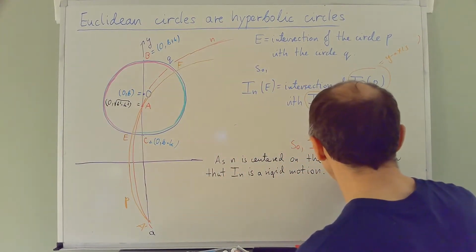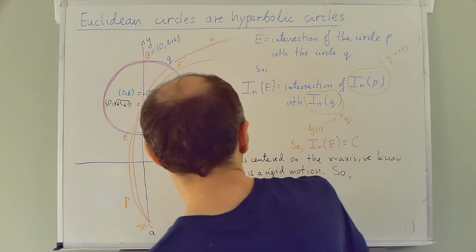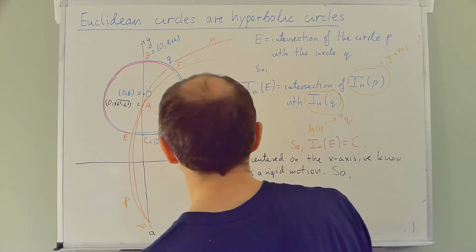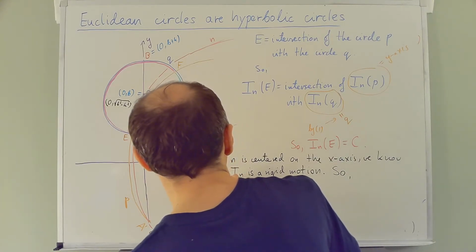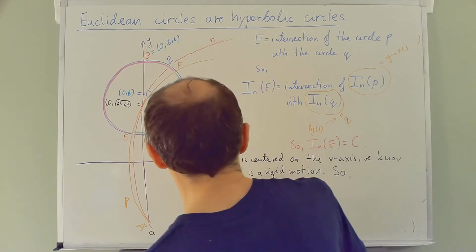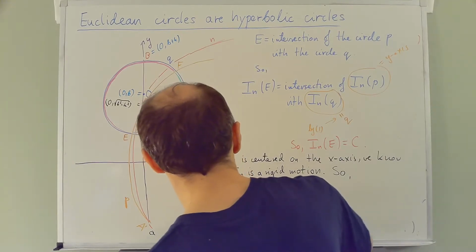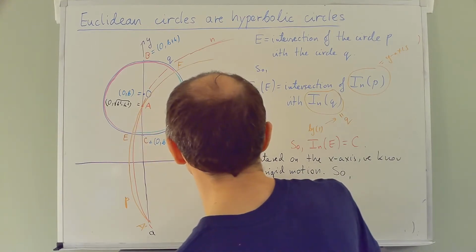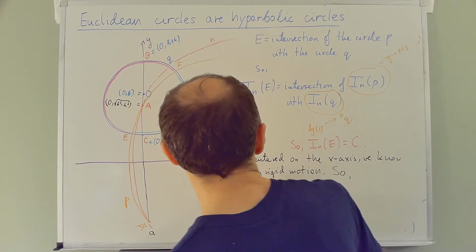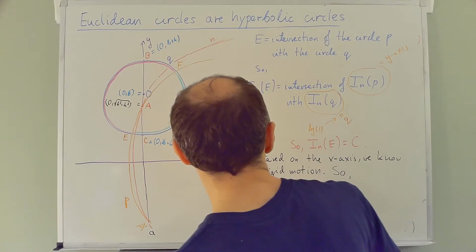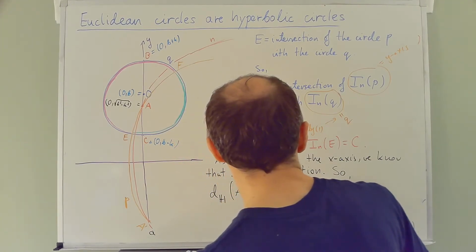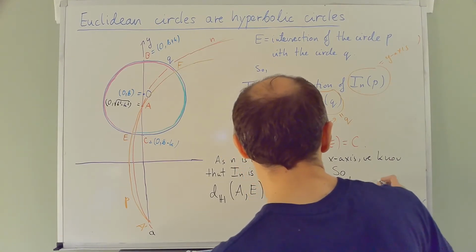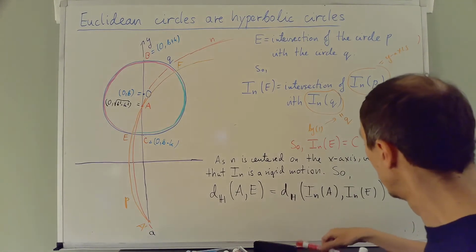But so what does that mean? So it preserves distances. In other words, the hyperbolic distance between the points A and E is equal to the hyperbolic distance between In of A and In of E. But what is In of A?